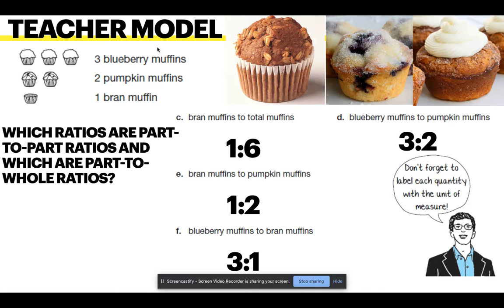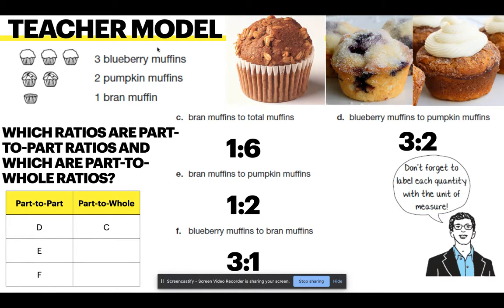So I'm looking at C, D, E, and F. I see that in C, we're comparing a type of muffin to the total number of muffins. And then the rest of them are comparing one type of muffin to the next. So I know that C is part to whole because whole and total is the same thing. So D, E, and F are all part to part ratios.